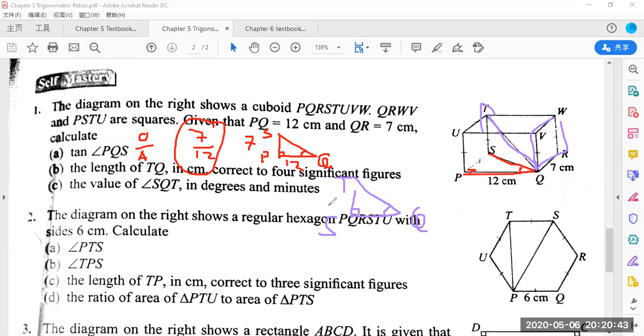So TS is 7, and then SQ, you need to find the length of SQ.